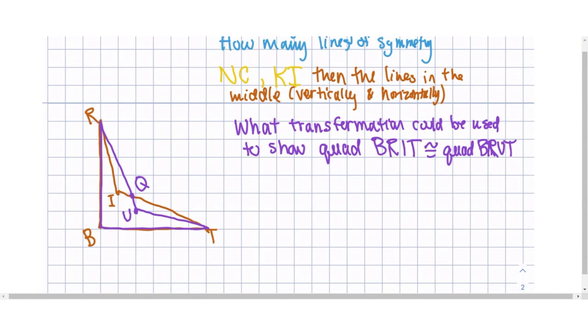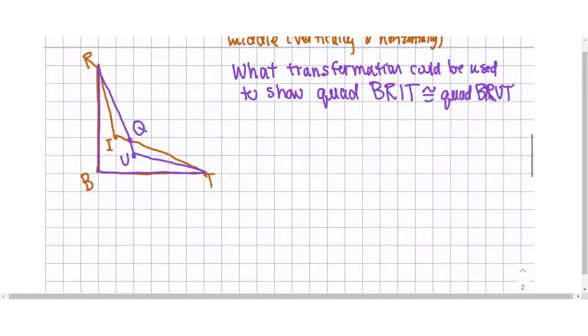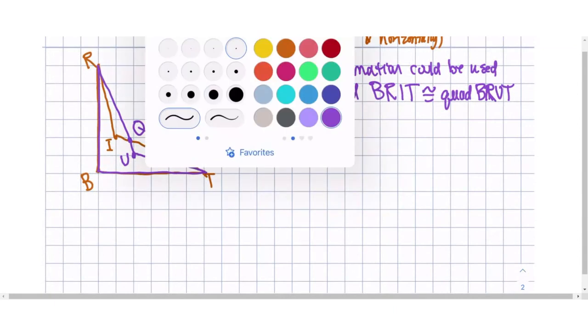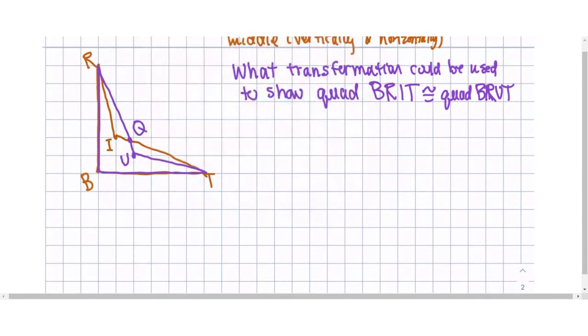And then, okay, let me just go through these steps that you're describing, Dylan. Let's see if it'll work. If we reflect it across BT, so we go down 1, 2, 3, 4, 5, 6, then it would look like this. So that's the reflection across BT.